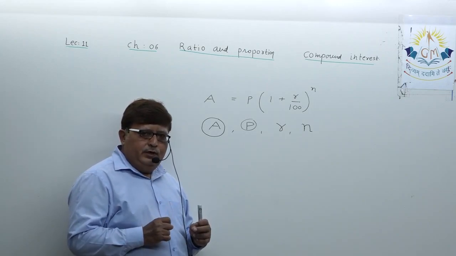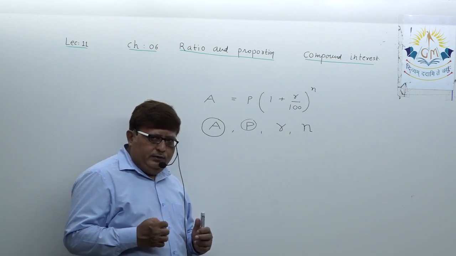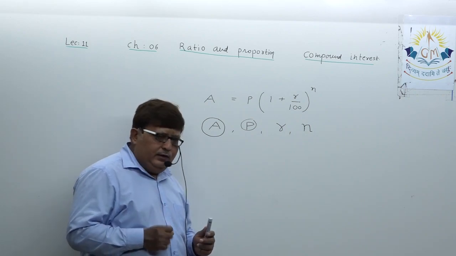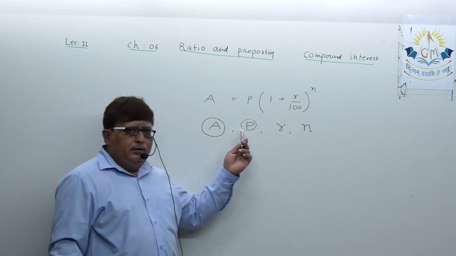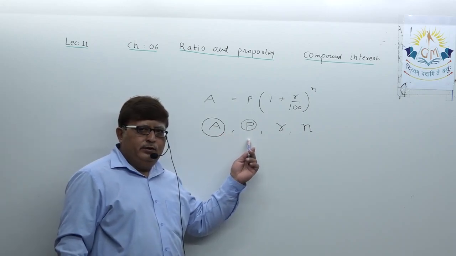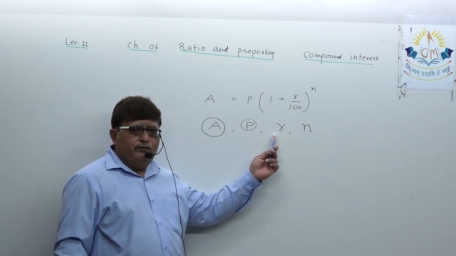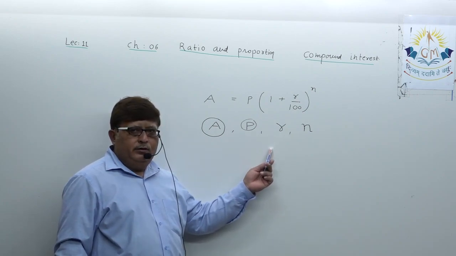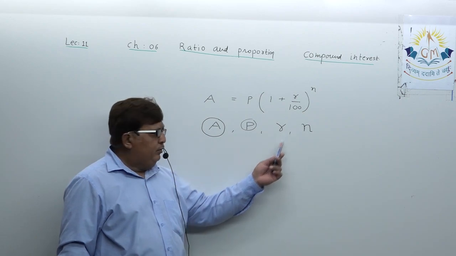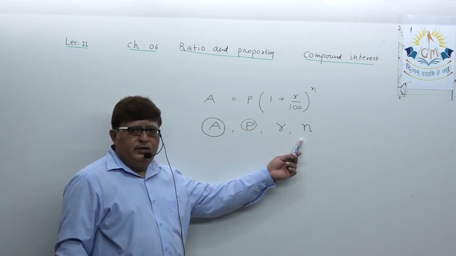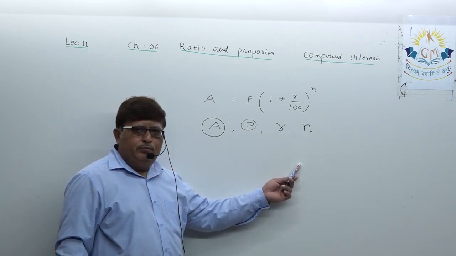Examples which we are going to target from now onwards are either for finding principal, or for finding rate of interest, or for finding number of periods.